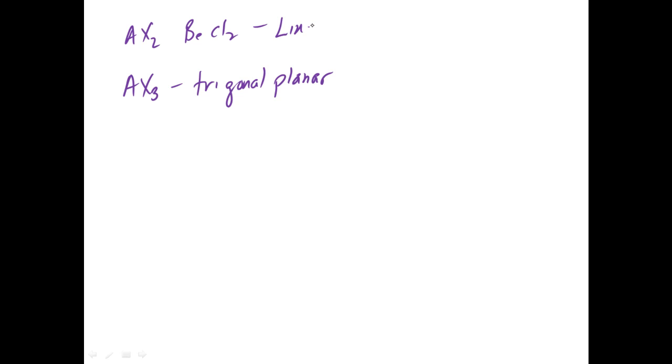The summary is we have AX2, and that was like the beryllium chloride. Just for completeness up here, this is linear. We have the category AX3, which is trigonal planar. Then you had AX2E, which was bent, or also called angular.